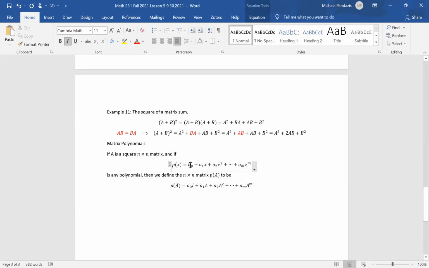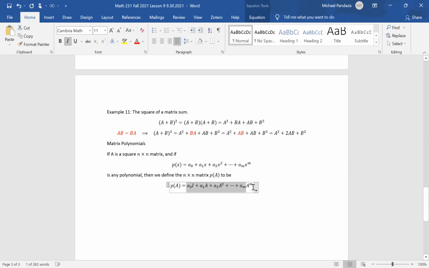And in the beginning, where you have the constant a naught, you don't have just the constant a naught, you have the constant a naught times the identity matrix I. Okay, and so now you have this. So P of A is an n by n matrix because a naught I is an n by n matrix, a1 A is an n by n matrix, a2 A squared is an n by n matrix, plus dot dot dot, plus a m A to the m is an n by n matrix.